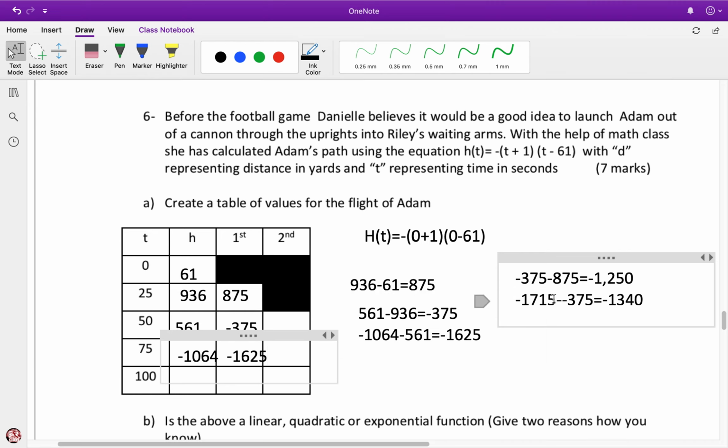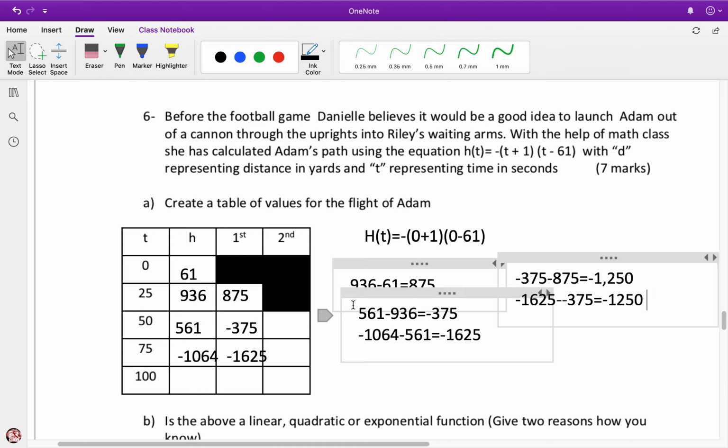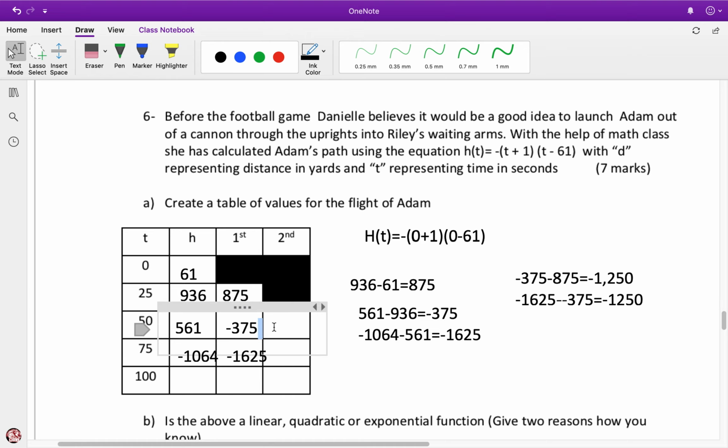Which then would change this to negative 1625, which then would change this to negative 1250. So you can see, even though the numbers seem kind of weird, the second difference is the same. Those should both be negatives. There we go.